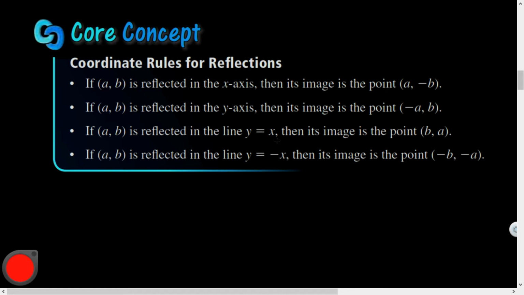If y equals x, then I actually will switch x for y. Notice that switcheroo that happened there. And if I reflect over the line y equals negative x, which is at a negative 45-degree angle, slope of -1, you switch them and negate them. Yeah. So switch them and opposite them.